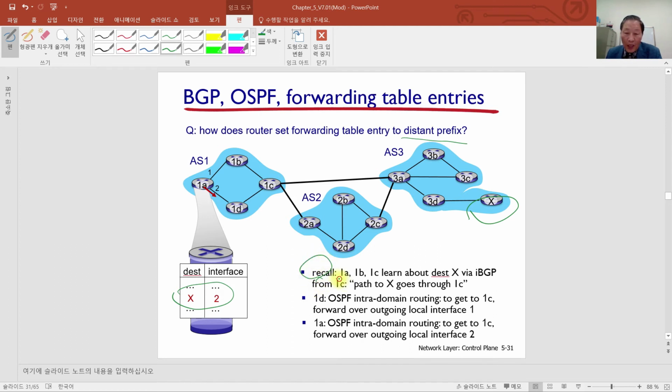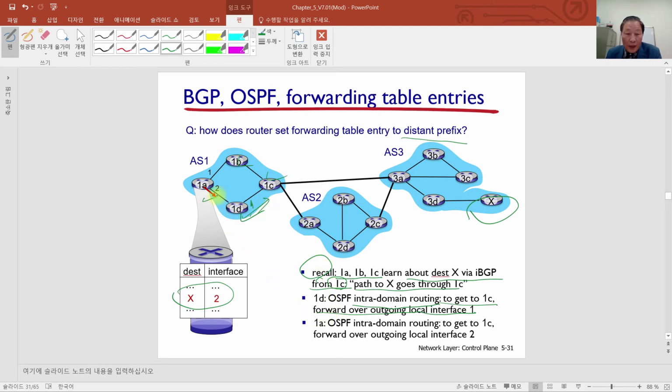Recall 1A, 1B, 1C. As in the previous slide, learn about destination X via iBGP from 1C. We learned already, and the path to X goes through 1C. Here, 1D. OSPF intra-domain routing to get to 1C and forward over outgoing local interface 1, as we learned already, and that will go out.